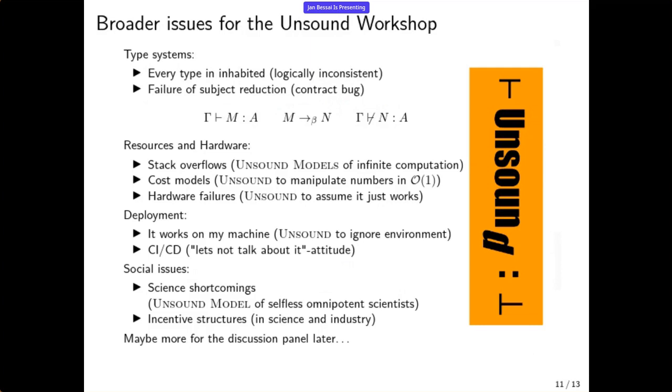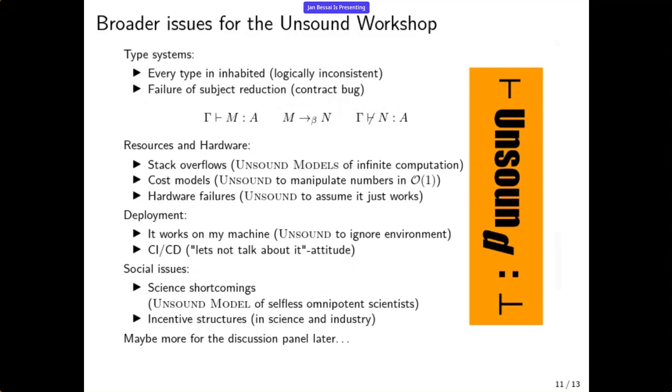For example, if we first stay at the technical specifications for a bit, if we look at type systems, we might have inconsistency in the form that every type becomes inhabited. That's pretty clearly mapping to the theoretical underpinnings that I was explaining. But there's also another class of errors in our systems that I would consider unsound, that doesn't really match the models that I was describing earlier.